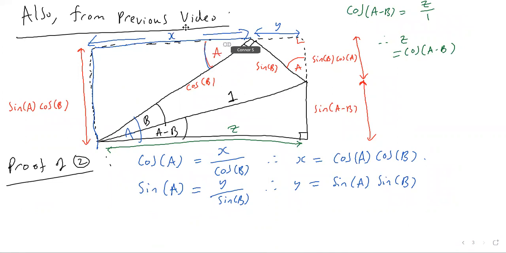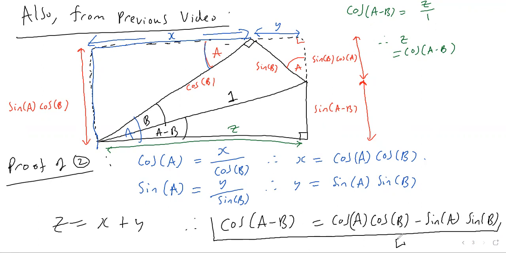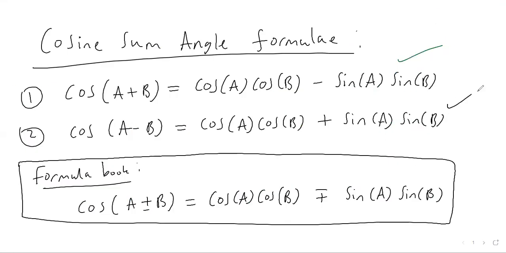So cos(A−B) is equal to x, which is cos A times cos B, plus y, which is sine A times sine B, and that is the second formula that we needed to prove. So we proved the first one and we proved the second one. That's how you prove it.